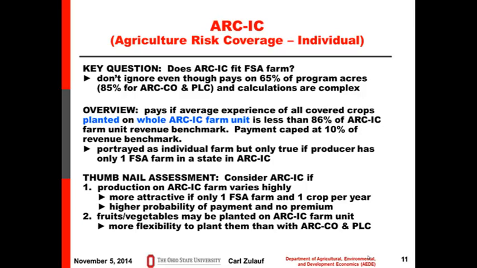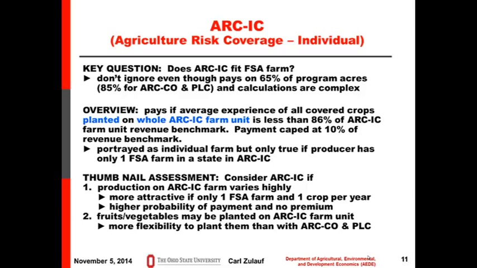My thumbnail assessment of ARC-IC is that there are several instances where I could see ARC-IC being a very real consideration. One is if production on the ARC-IC farm is highly variable. In the state of Ohio, this could be river bottom land, an FSA farm where you can be flooded out or you can have very good yields.